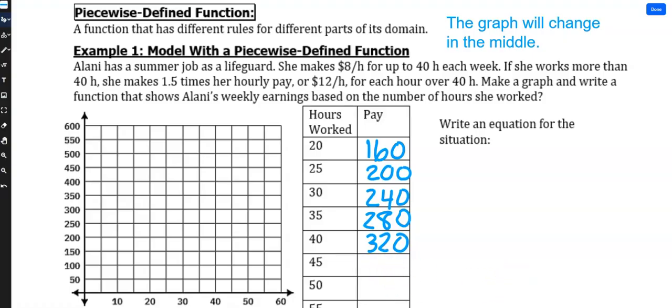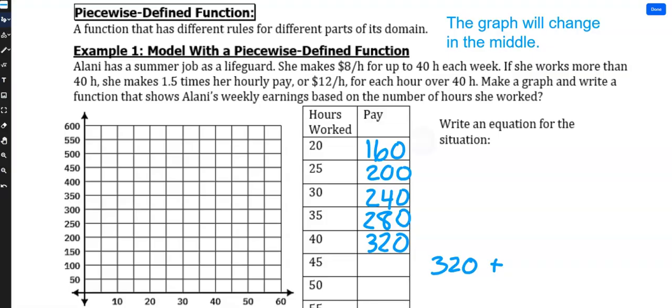Because she gets the 320, but then she gets $4 extra per hour for the remaining parts. Okay? So it's almost like it's a different function when we get to that point.